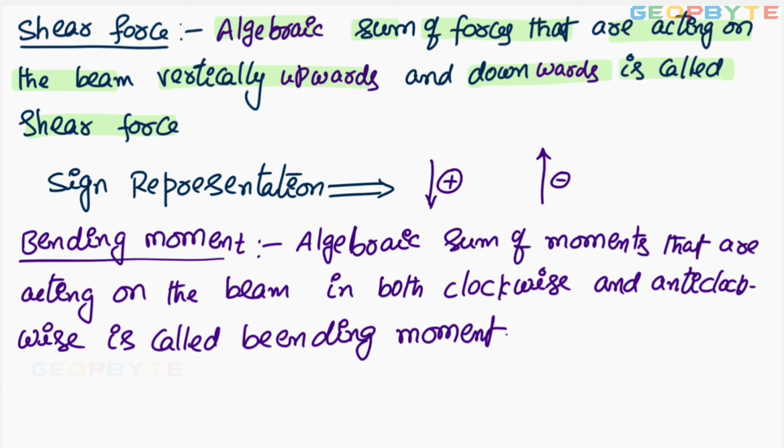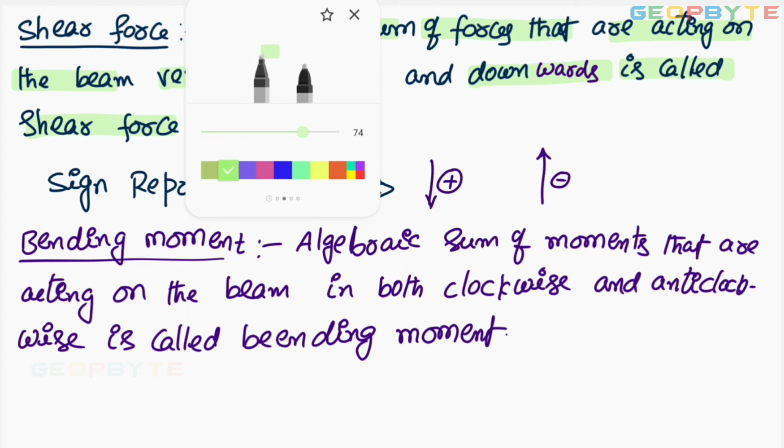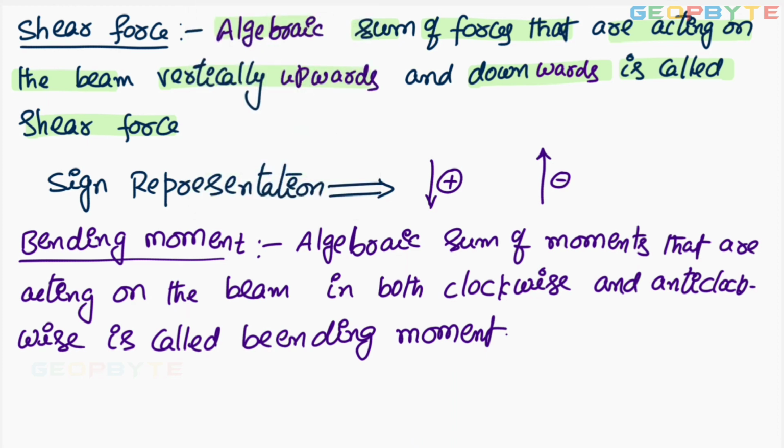Look at the definition. Algebraic sum of moments that are acting on the beam in both clockwise and anti-clockwise directions is called bending moment.